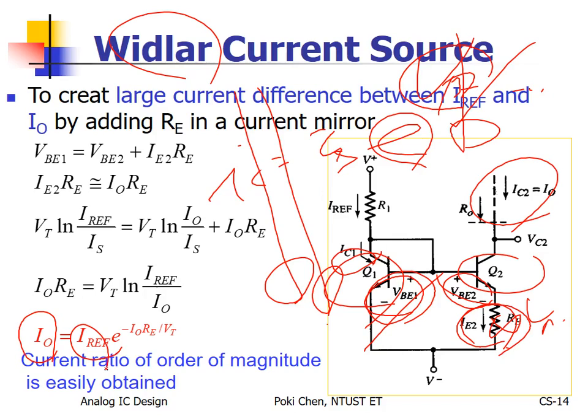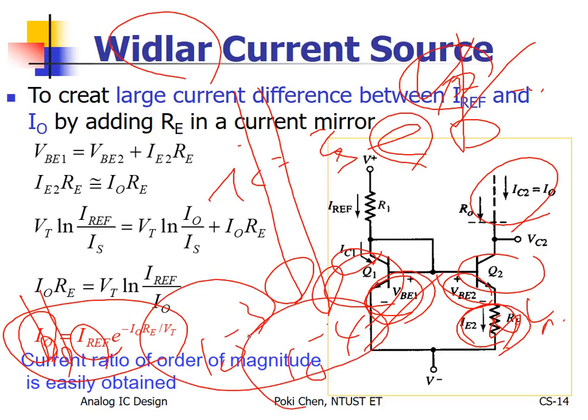But compared to the traditional way, this one is much more efficient. It means you don't need to sacrifice a lot of chip area to reduce the current. They can differ by maybe 3 orders, 4 orders. Piece of cake. Simply increase the resistance of RE. You can make it.